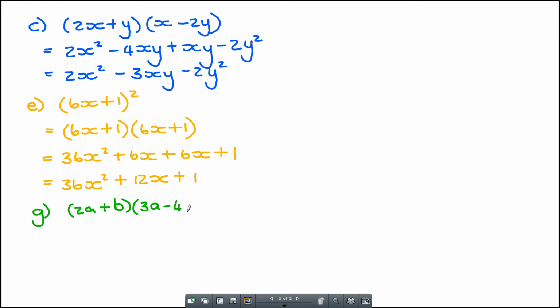Minus 4c. Okay, so I'm going to use FOIL.